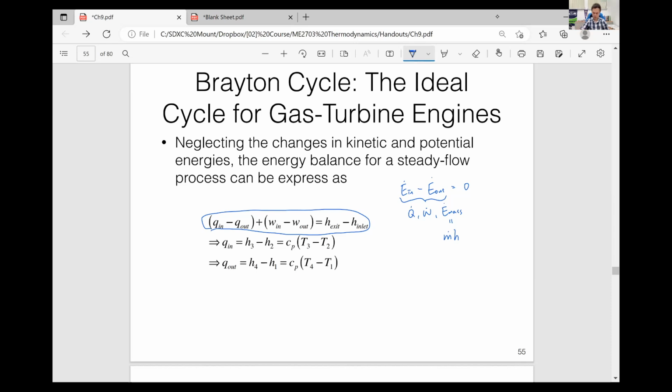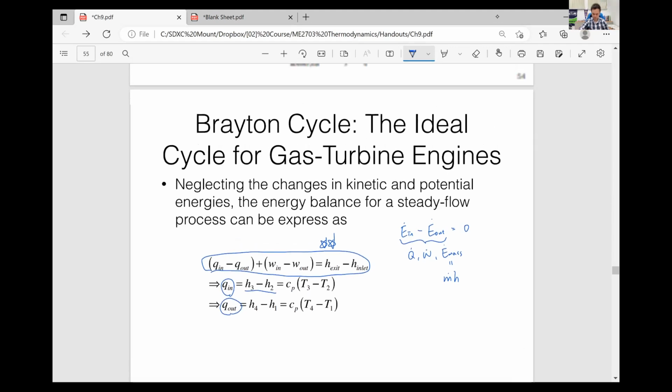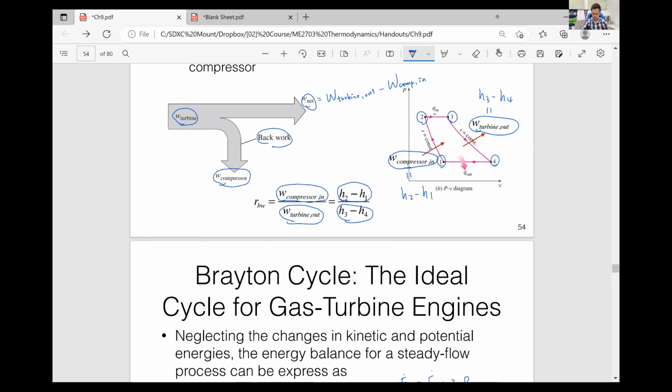If you expand the energy balance equation, Q in is H3 minus H2. Q in is a constant pressure heat addition, so this is H3 minus H2.